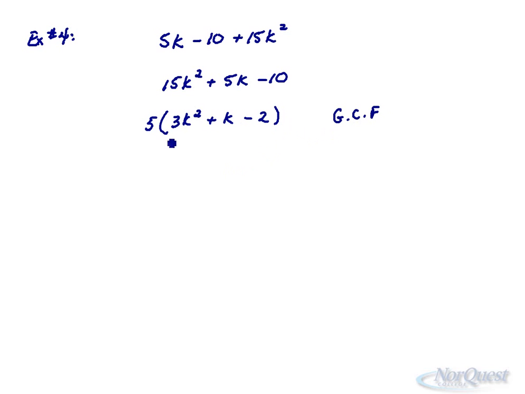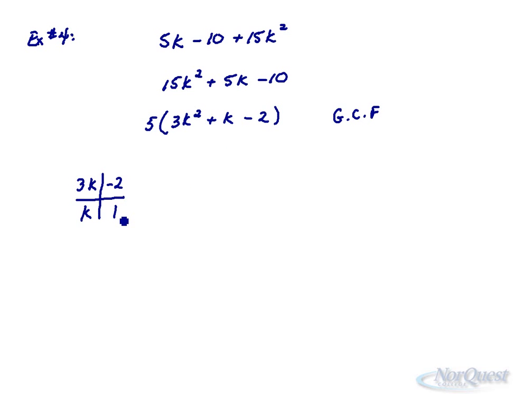Now I realize that I have a type 2 trinomial, again because the coefficient on the highest degree is not 1. So I set up the factor chart. The only factors of 3k squared are 3k and k. The only factors of negative 2 turn out to be negative 2 and 1. Or it could be positive 2, negative 1. Or you might get them in the wrong order, so switch their order around.